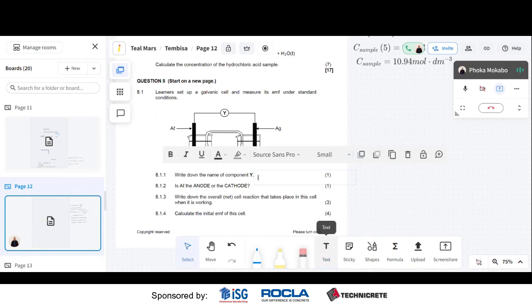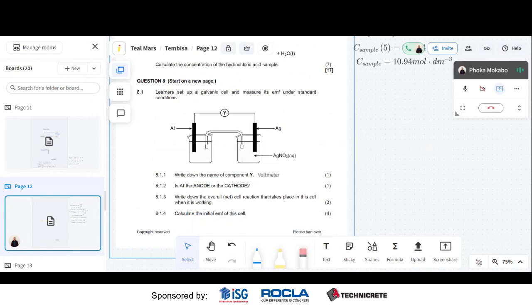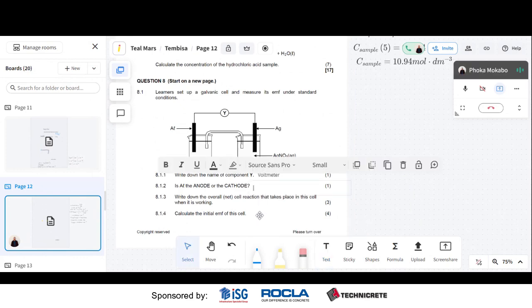Well, the component Y is in this case our voltmeter that is used to determine the voltage in this galvanic cell. Okay, is aluminium the cathode or the anode? Now, this is the question I had answered essentially at the beginning by error.